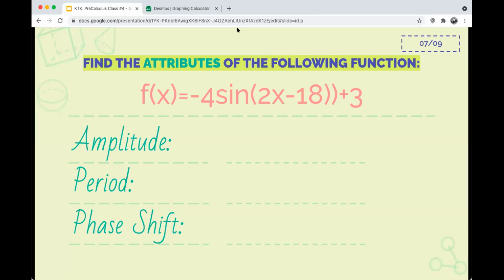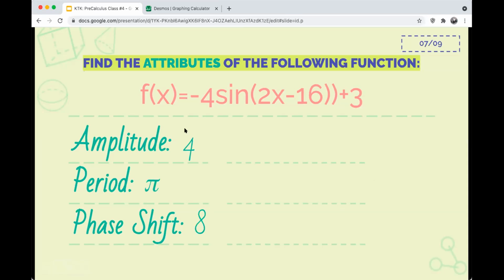All right. Let's take a look at the answers. So we have for our amplitude. Oh, sorry. The phase shift in this case would not be that. The phase shift in this case would be 9 because I put in that -18, but regardless.